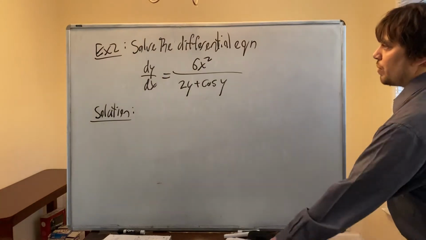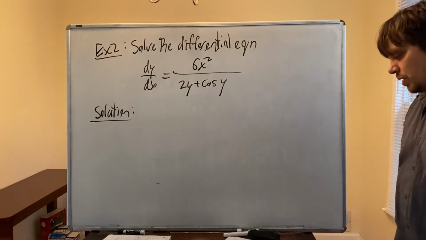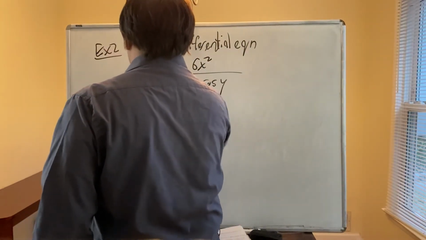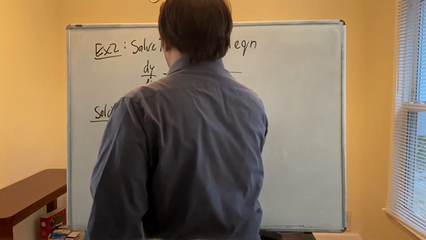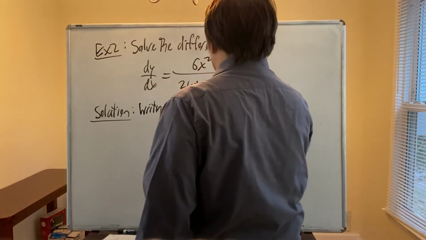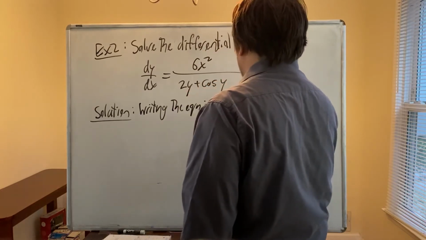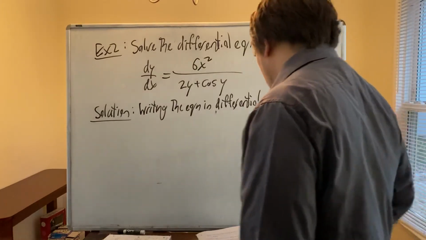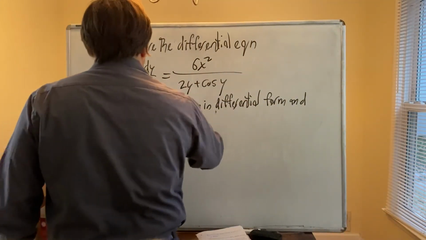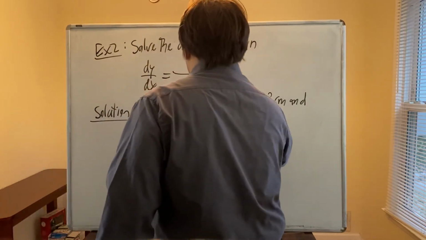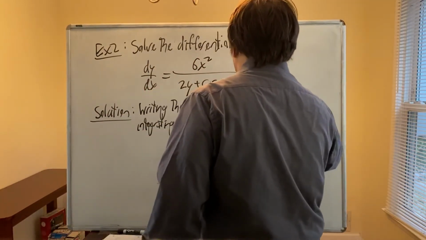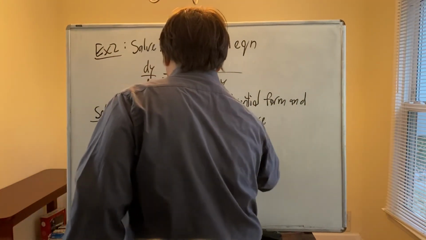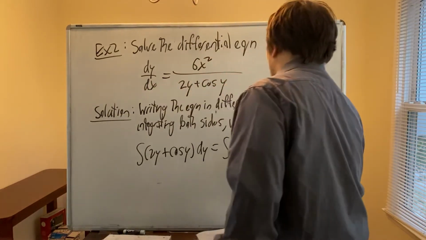We have again a separable differential equation, and so writing the equation in differential form and integrating both sides, we have that the integral of 2y plus cosine y dy is equal to the integral of 6x squared dx.